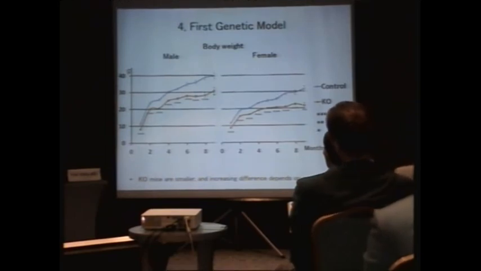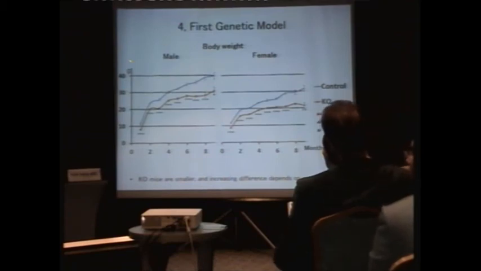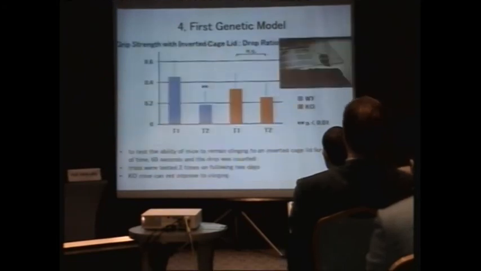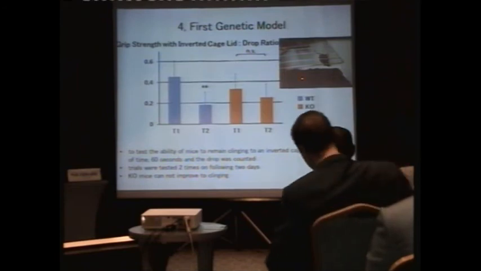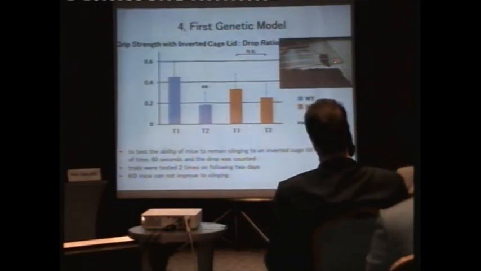This knockout mouse has a very small body weight, and depending on aging, the difference gets bigger. Both male and female are smaller than wild type. We also checked the knockout mice's muscle strength over continued trials. Wild type improved in the second trial, but knockout mice did not improve, so they can easily fall down from the weight.